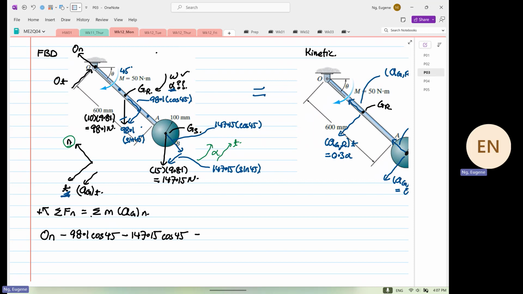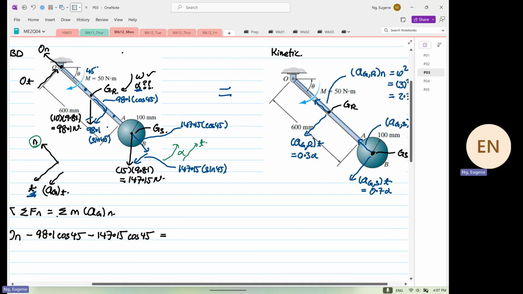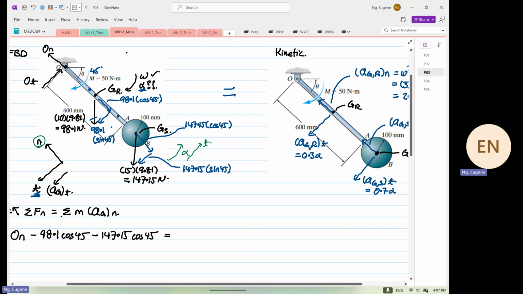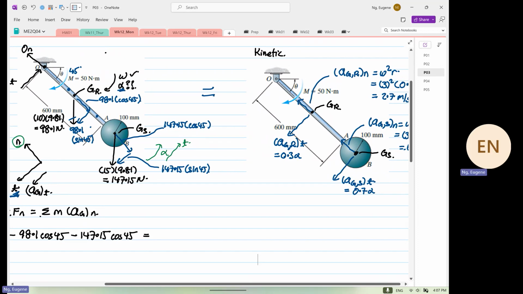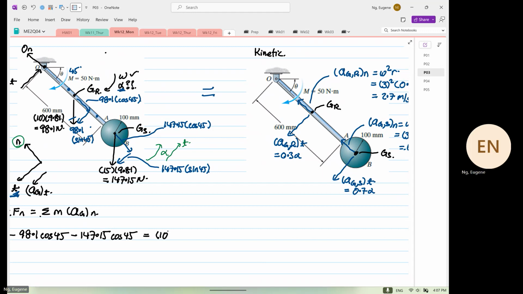So all this, there's no more forces in the normal direction. Then we go to the kinetics. The first one is a plus, and then we are looking at the rod. The rod is 10 kilograms multiplied by 2.7. So this over here is for the rod.